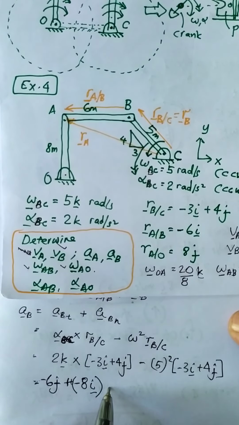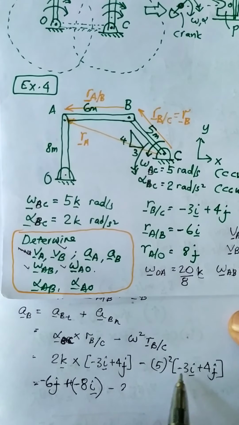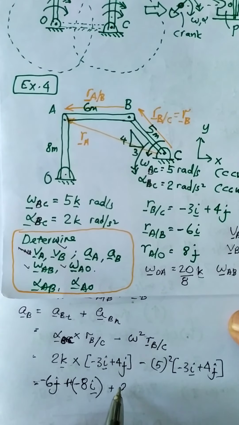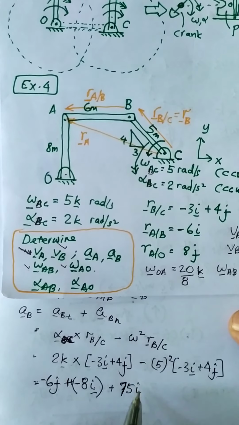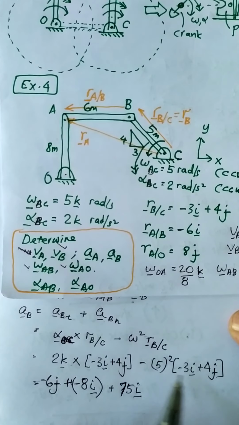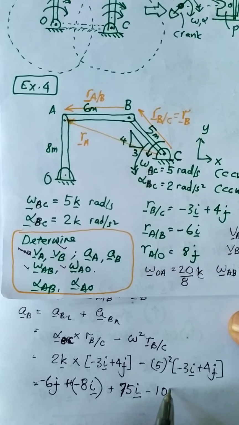And then we've got minus 25 times 3 is 75, minus minus is positive, 75i. 25 times 4 is 100, minus 100j.